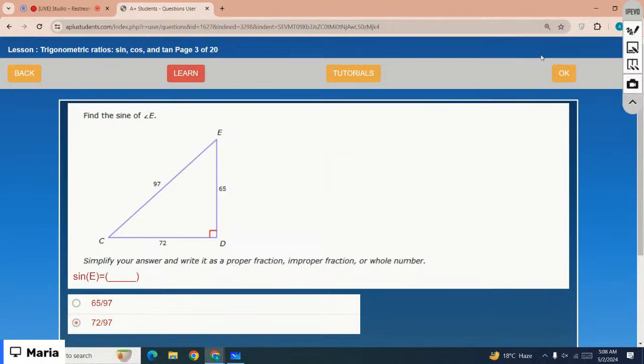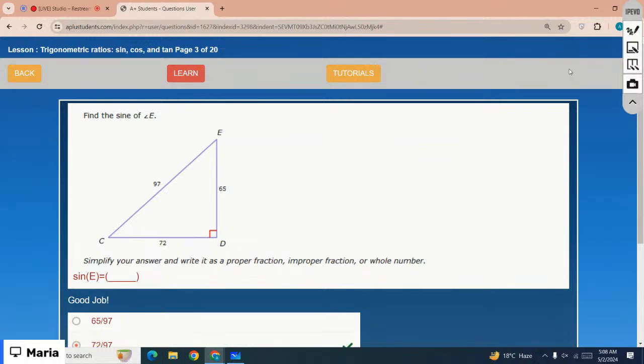The correct option is option number 2, that is 72 over 97.